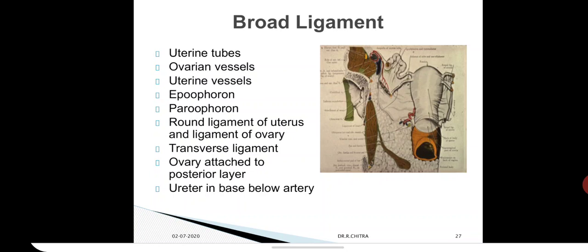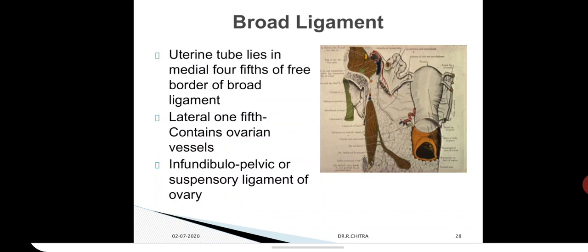So that is the tubules and duct of epoophoron. This paroophoron is again the distal mesonephric tubule remnants. Epoophoron, proximal mesonephric tubule remnants. So as it will be asked as short notes, I have given more points on this.